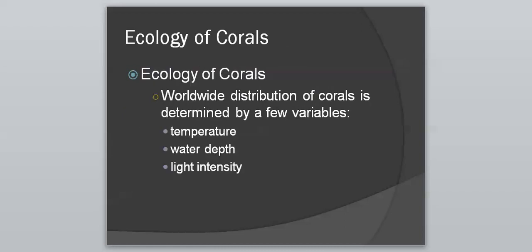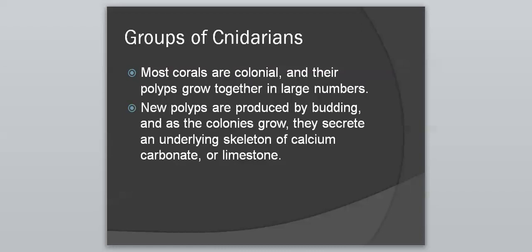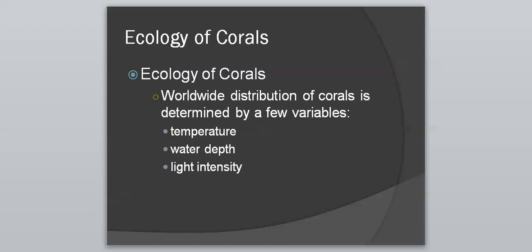So what do corals serve from an ecology standpoint, in terms of how they affect the rest of the living world around them? The worldwide distribution of corals is determined by a few variables: temperature, water depth, and light intensity help determine how many corals we have and how they will grow.